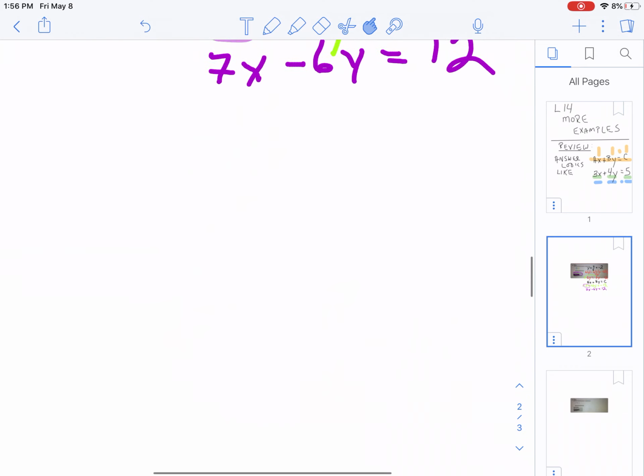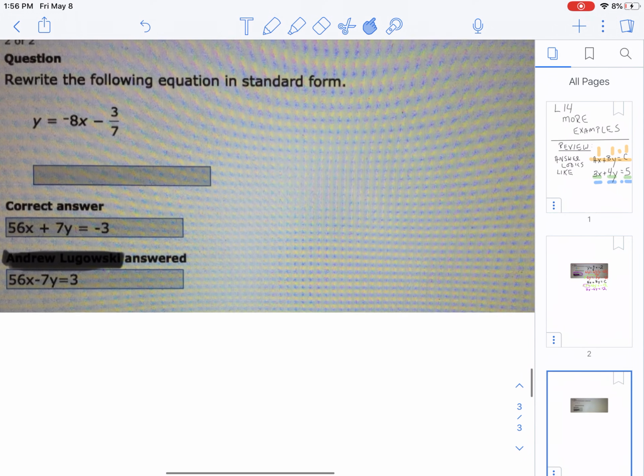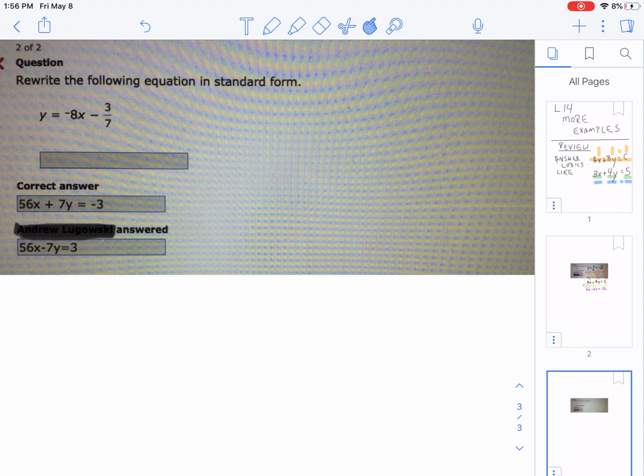Okay, we'll try another example. Okay, we want to rewrite the following equation in standard form. So remember, standard form is ax plus by equals c. The first step for us to do is to get rid of the fraction. So we're going to multiply all of the terms by 7.